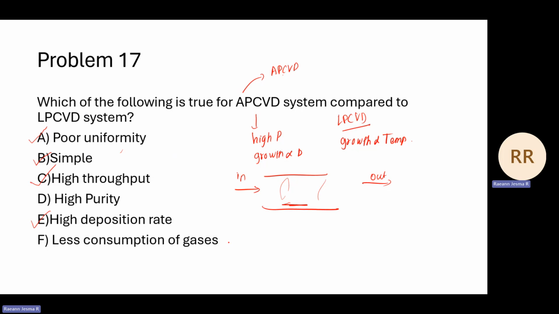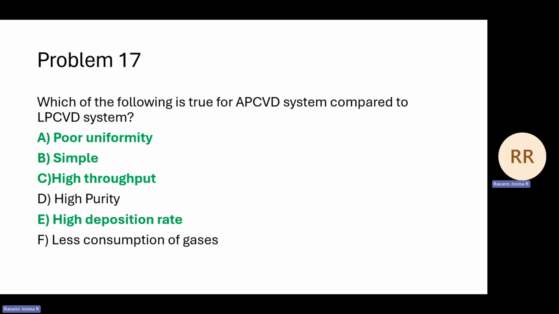For less consumption of gases, in atmospheric pressure CVD we flow more precursors to bring about the reaction, so we are consuming more gases. So these two are wrong. The correct answers are poor uniformity, simple, high throughput, and high deposition rate. This is when we are comparing it with LPCVD.